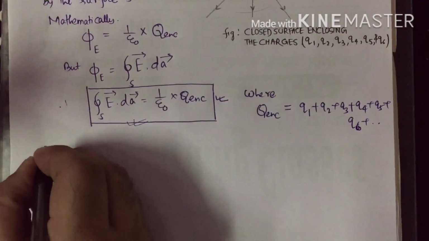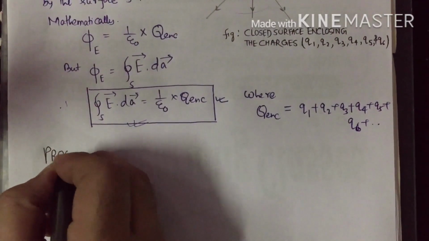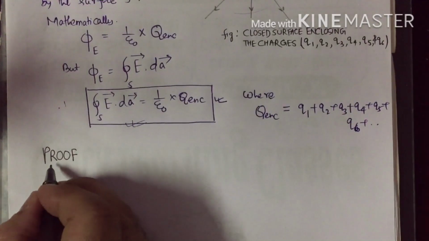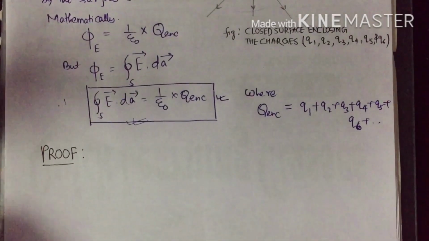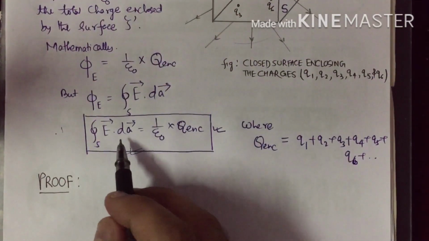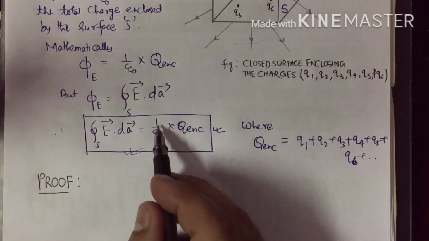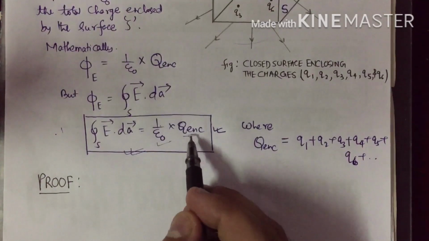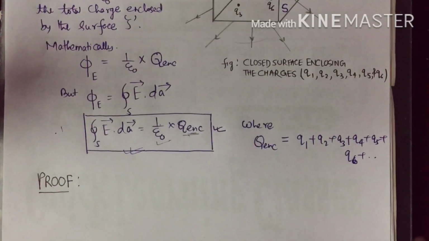Now let's prove the Gauss law. Proof. So let's prove this Gauss law, that flux through any closed surface is 1 by epsilon naught times the total charge enclosed within the surface.